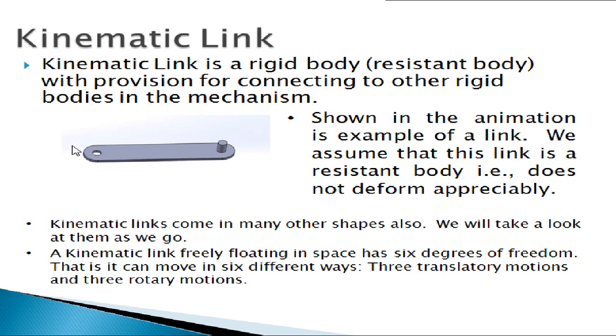Kinematic links come in different sizes and different shapes. This is one schematic of a kinematic link. You see a pin here and a hole here. These represent provisions for connecting to other kinematic links. Just to give you an idea, I'll try to show an all-round view of this link. I'm just trying to rotate the link over here. It's turning all round.